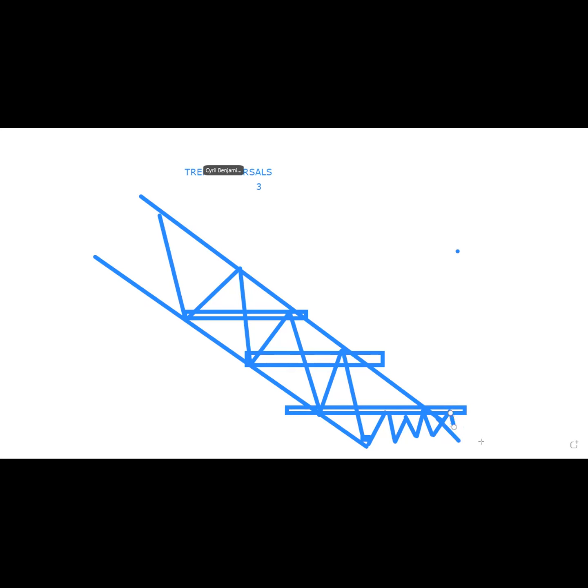Do I have a candle outside of this trend line? Yes or no? Yes. Okay. Do we have a reversal? No. I'm coming, pay attention. Do we have a sell continuation right now?